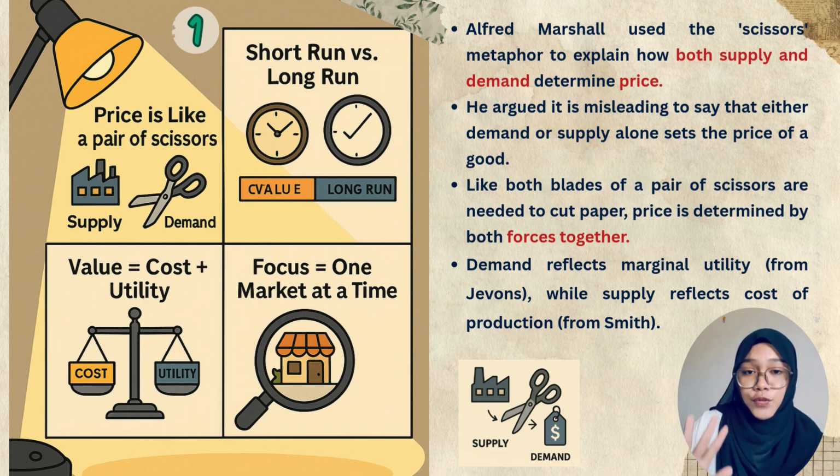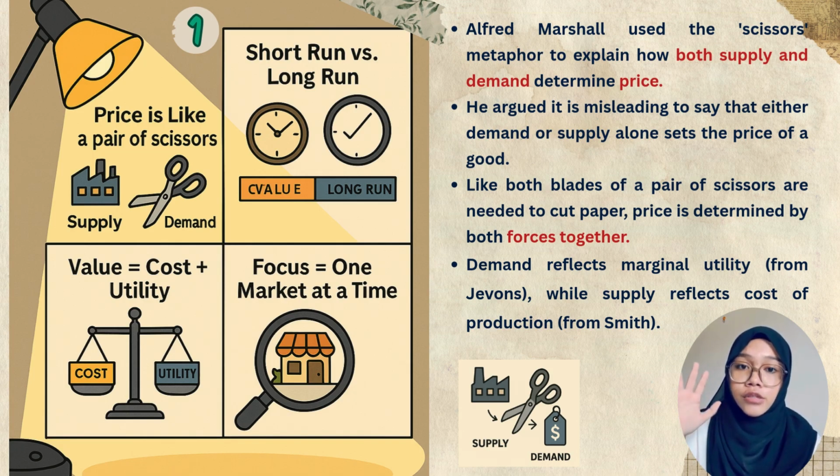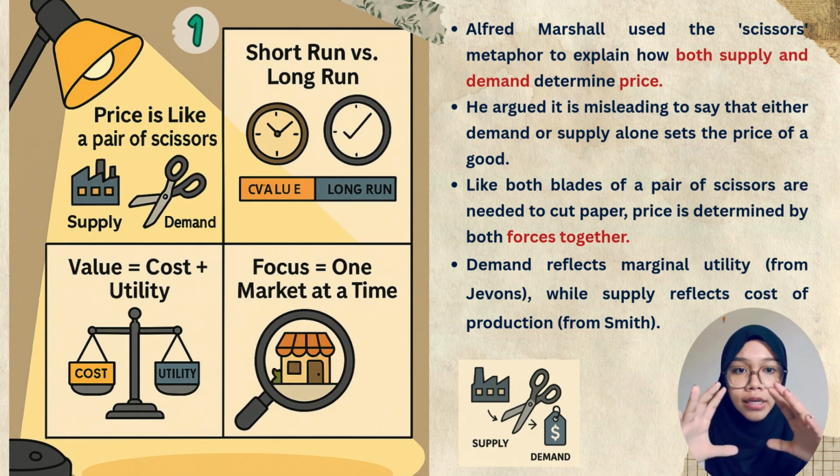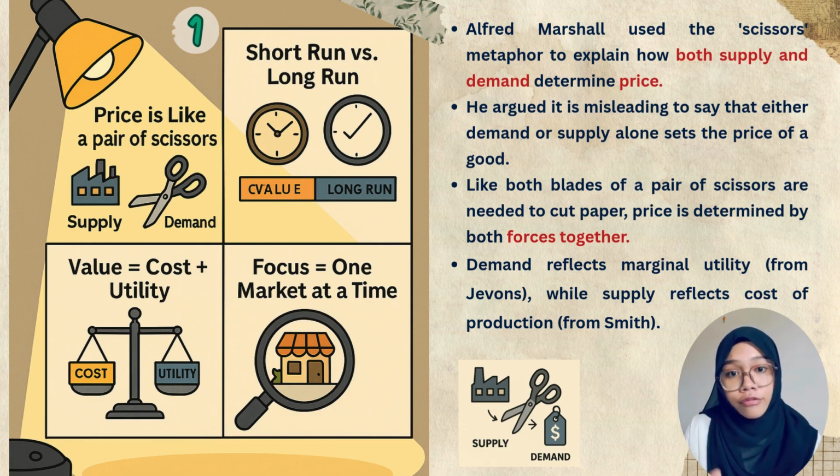Let's go. I would love to begin with one of Marshall's most famous contributions, which is the scissors metaphor. Marshall argued that it's misleading to say that only supply or only demand determines price. Instead, he said, price is like a pair of scissors. Both blades are needed to make a cut. One blade represents supply, based on cost of production, an idea from classical economics like Adam Smith's.